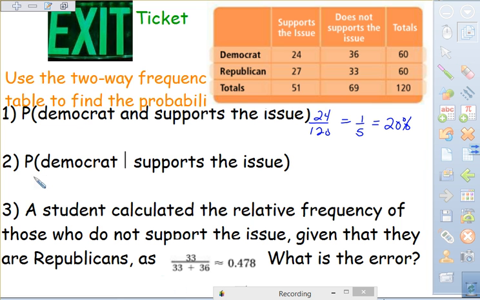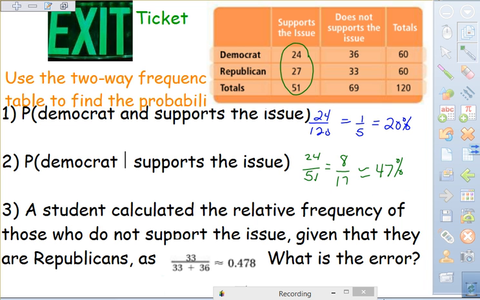Number 2, what is the probability that they are a Democrat given they support the issue? So out of all those that support the issue, what is the probability that they are a Democrat? And this gives us about 47%.